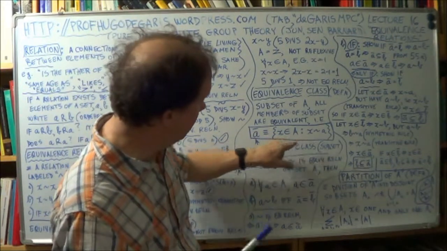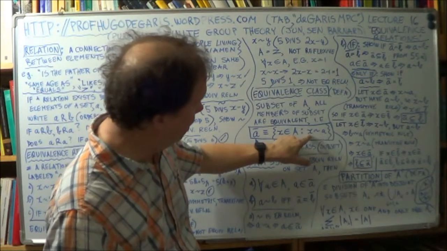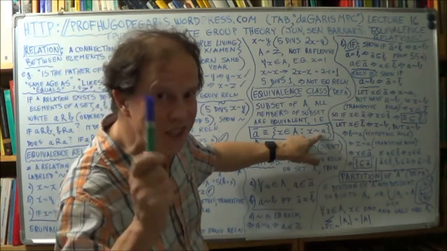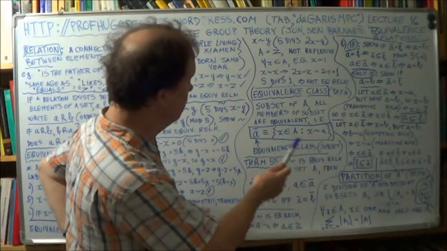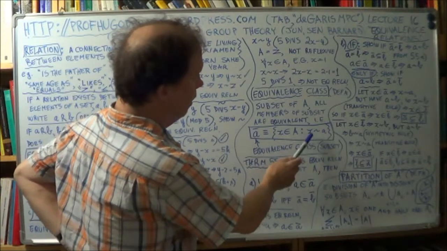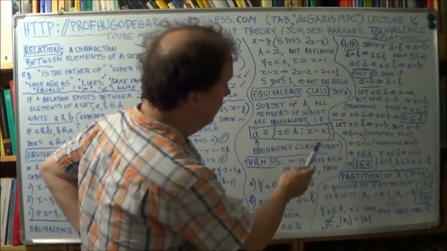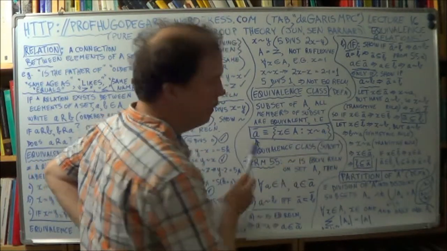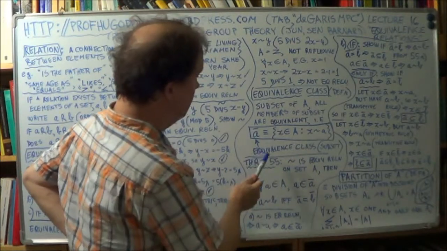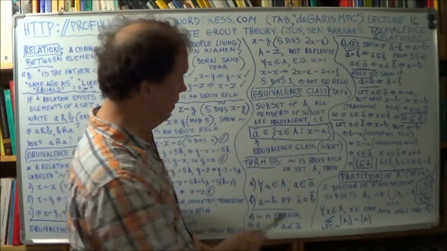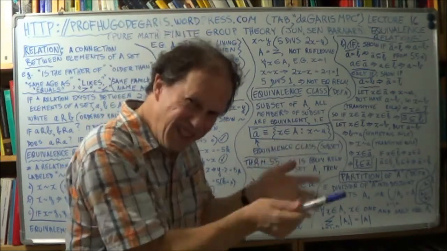Or put it another way, it's the subset of all the elements X where there's an equivalence relation between X and A. Right? So in other words, it's the set of all X's, and all the X's are equivalent to A, which is a kind of shorthand way of saying that X and A have an equivalence relation between them. So an equivalence class, that's the usual term, not equivalence subset, but that's what it is actually.